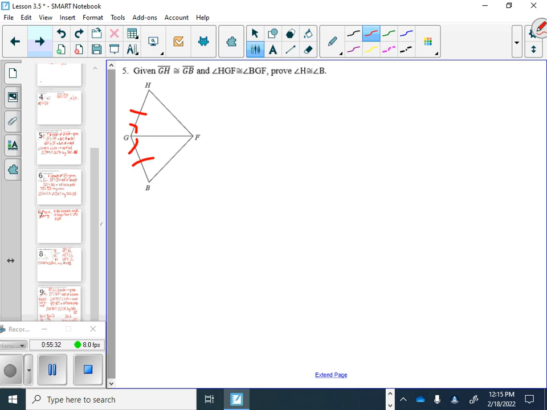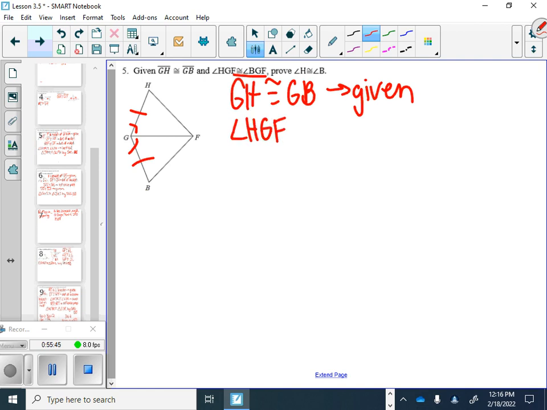State the givens. My givens: GH is congruent to GB, and angle HGF is congruent to BGF. So I've got a side and an angle. That means I need another side.